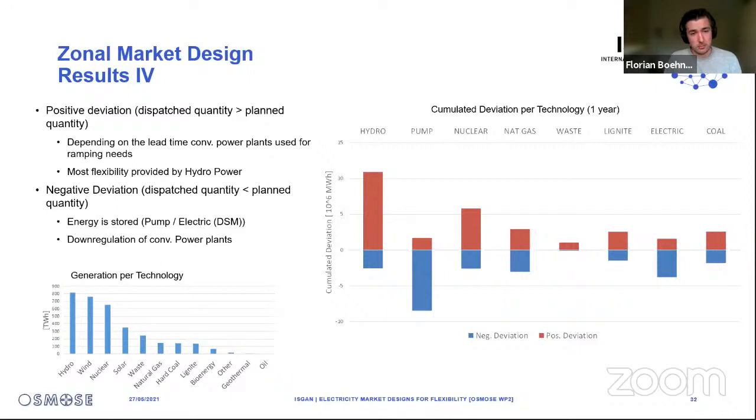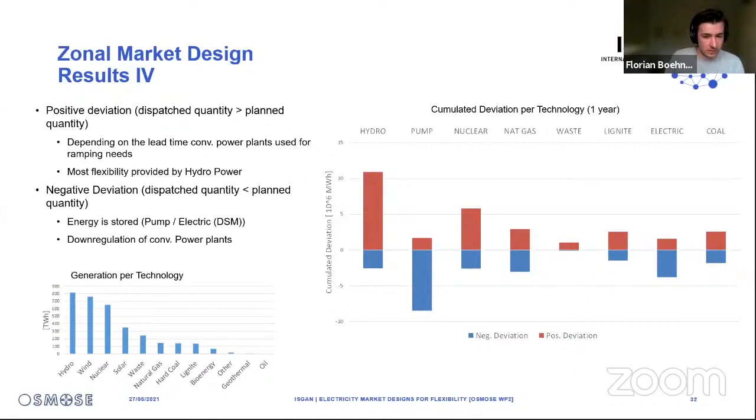And the second bar from the left, the pump hydro storage units are used quite a lot. So basically the energy is stored for later points in time. However, if this is not worth it or possible due to technical restrictions, the dispatch of conventional power plants gets reduced in the way needed according to the forecast errors.